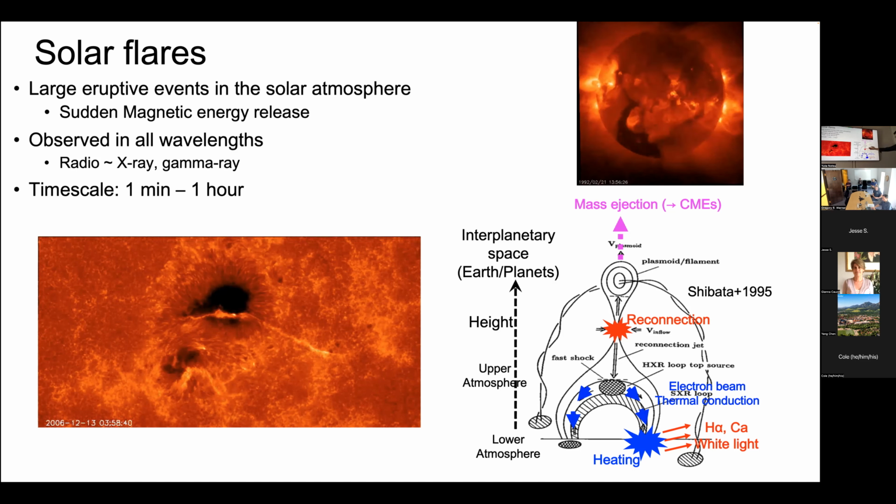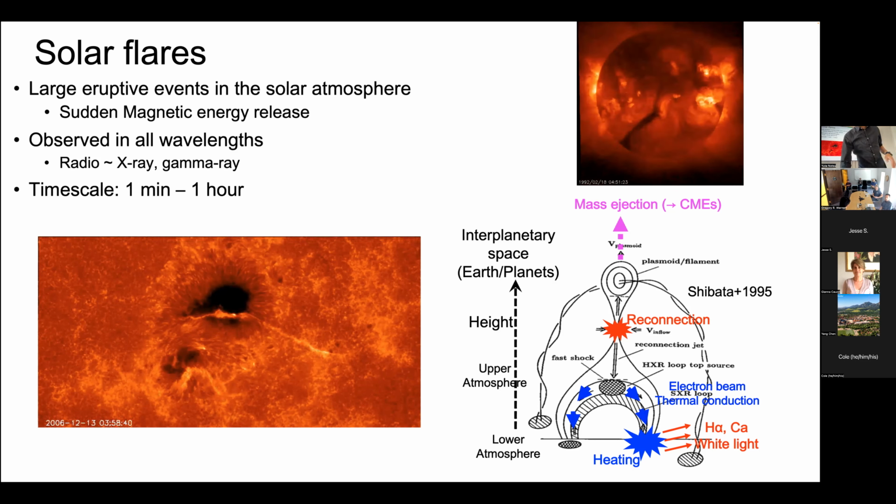In addition, plasma is also ejected from the Sun associated with the flare. This is called mass ejection, or coronal mass ejection. We say CME, coronal mass ejection.